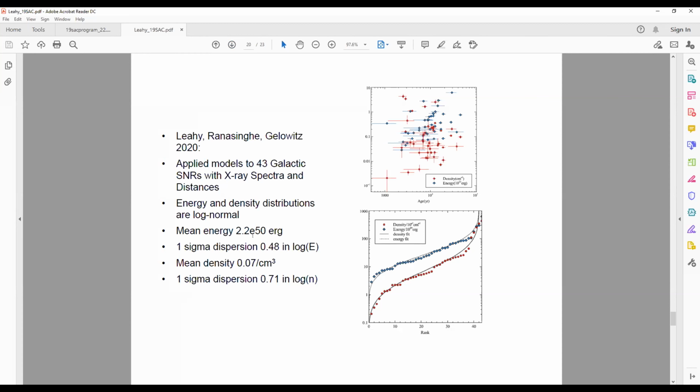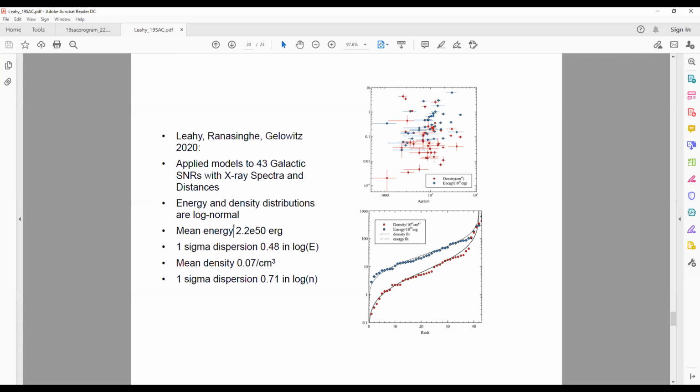And as in our previous studies, all of the energies are always log normal. So supernova explosion energies range from 10 to the 49 ergs up to 10 to the 52 ergs with a mean of about 2 times 10 to the 50th.